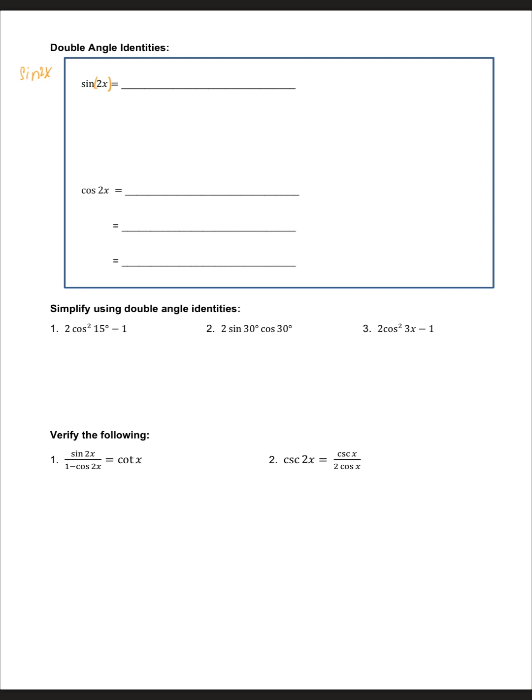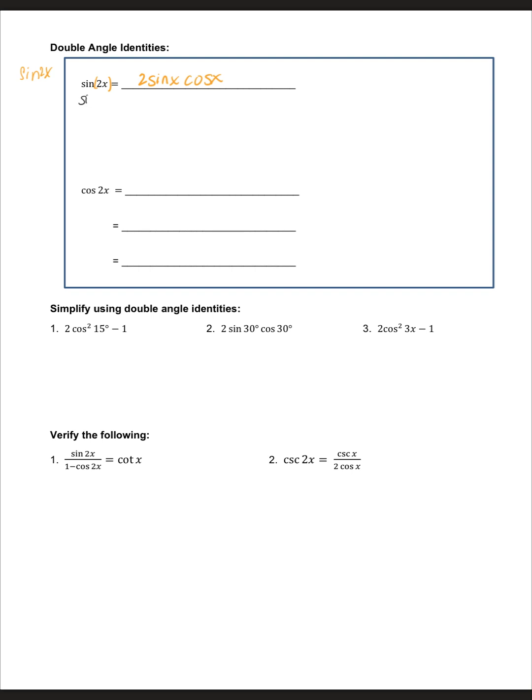So the double angle for sine 2x, and how I expand that out, the identity for that is 2 sine x cosine x. Okay, we have a 2, I have a sine x and cosine x. So what I'm going to do is I'm going to kind of just prove this to you, and we're going to use our sum and difference identities from the other video to see how this works.